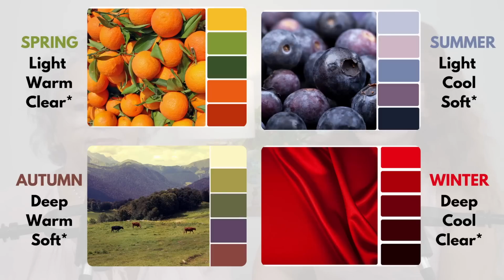If you're lighter, if you happen to be warmer, if you happen to be bolder, brighter, or if you're deeper or cooler or softer, you get to fit into one of the 12 subcategories that maybe you didn't quite fit before. And that's where you hear light spring, warm spring, clear spring, and there's a few other terminologies I do want to mention.